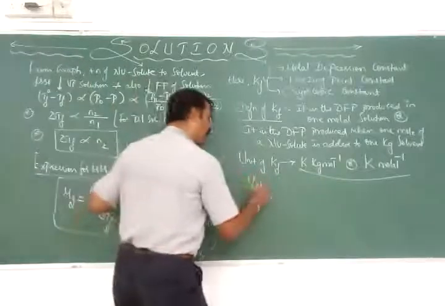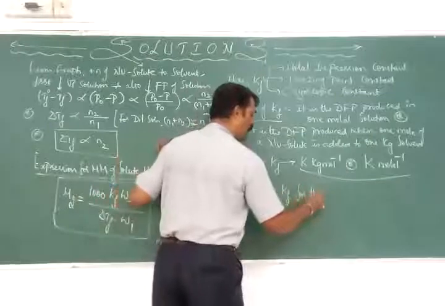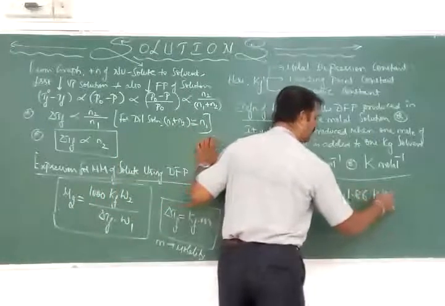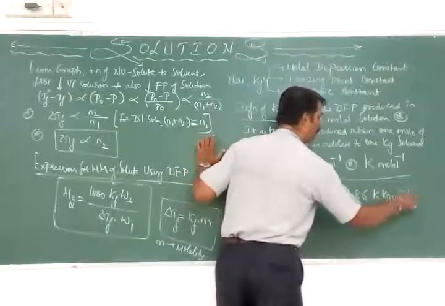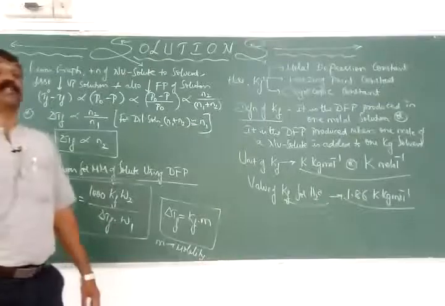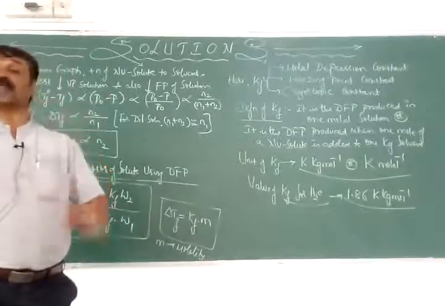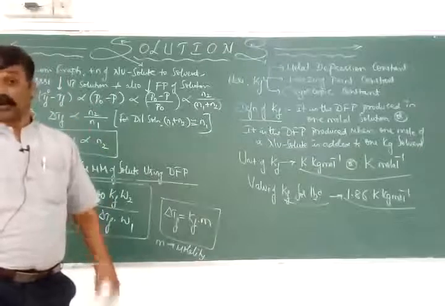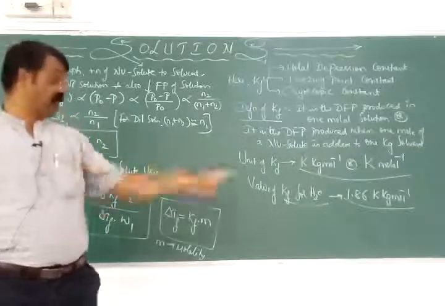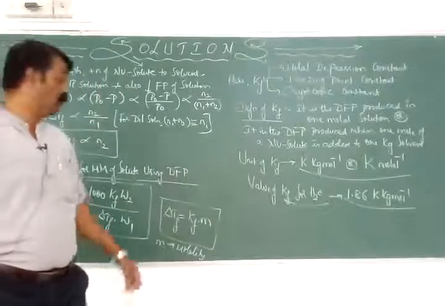And the value of Kf for water, H2O, is found to be 1.86 Kelvin kg per mole. What's the Kb for water? It is 0.512 Kelvin kg per mole. You have to remember that, because the most universally accepted polar solvent is water. The value of Kb for water is 0.512 Kelvin kg per mole, whereas the Kf for water is found to be 1.86 Kelvin kg per mole.